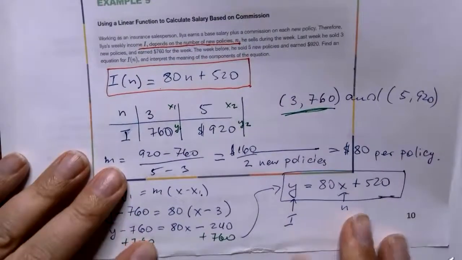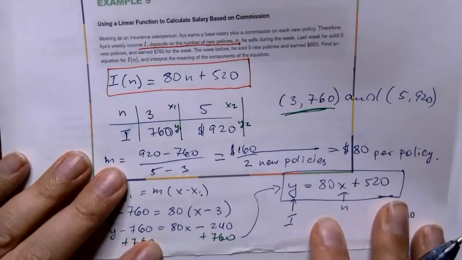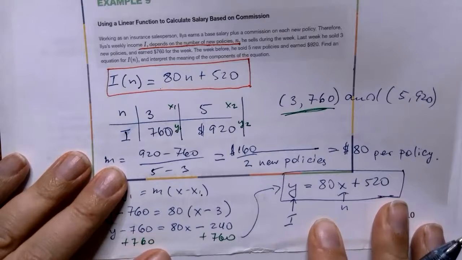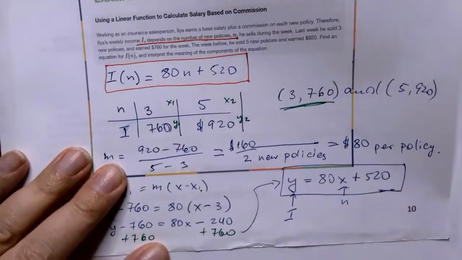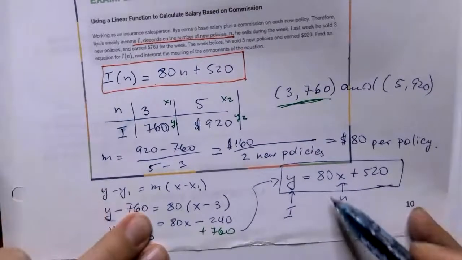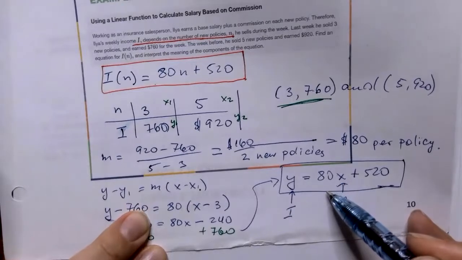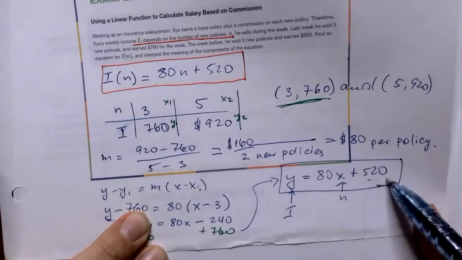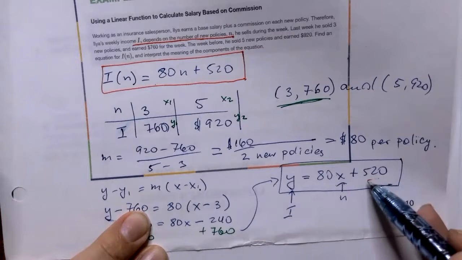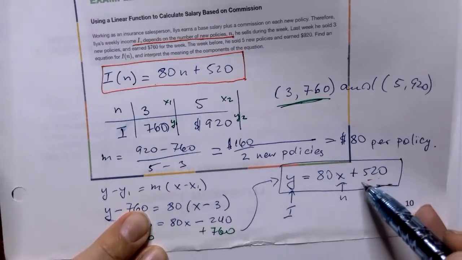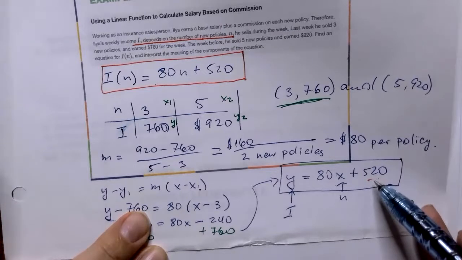But they also told us to interpret the meaning of the components. So we already mentioned that 80 is the rate per policy, right? What is 520? 520 is the initial value. That's the salary that he is paid no matter what.